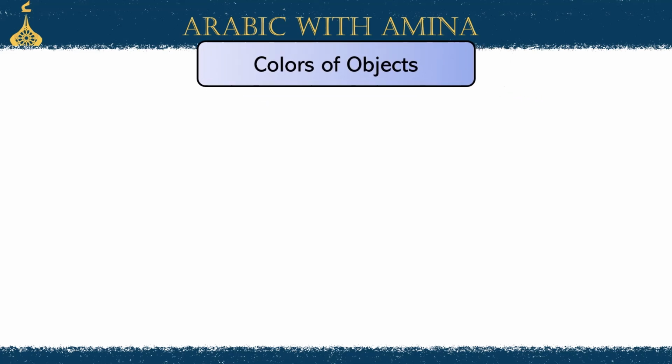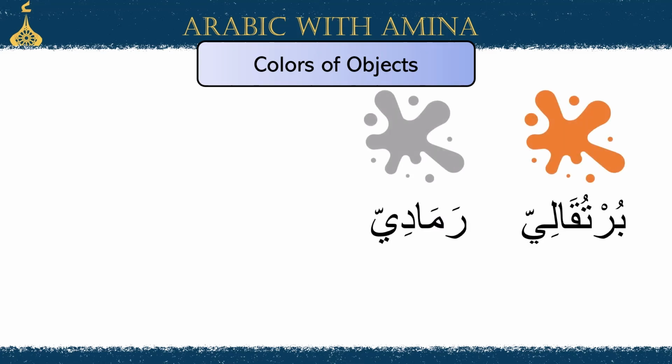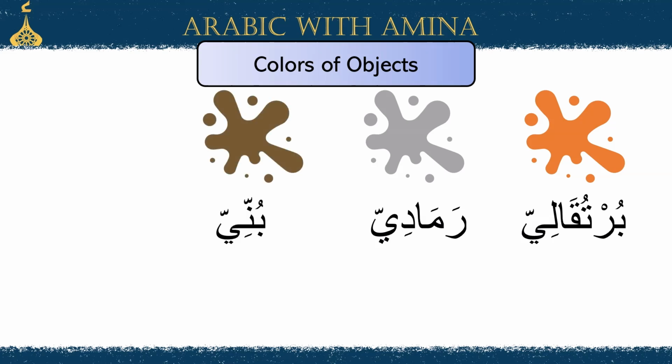Now, let's talk about gender. The colors we just saw, برتقالي, ramadi, bunni, are all in the masculine form. When we add the letter ya, it is a color, but this color is masculine.